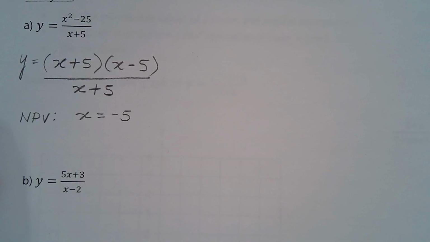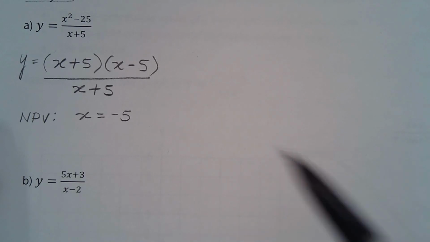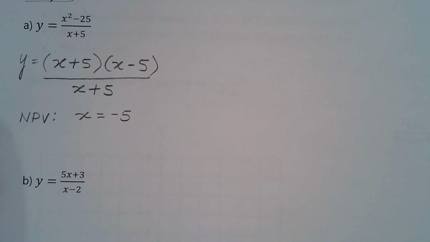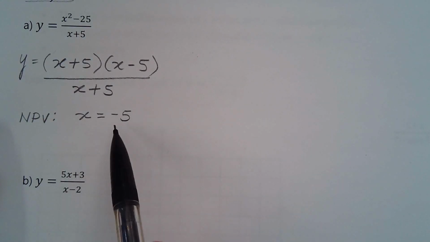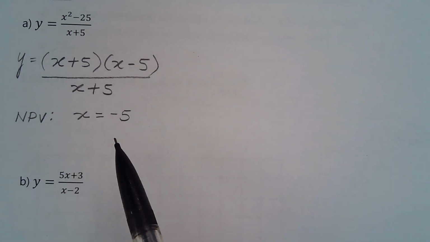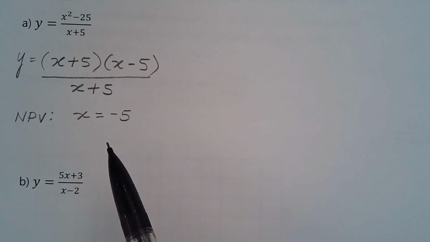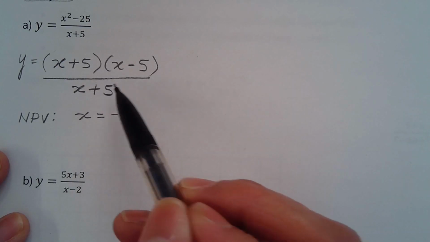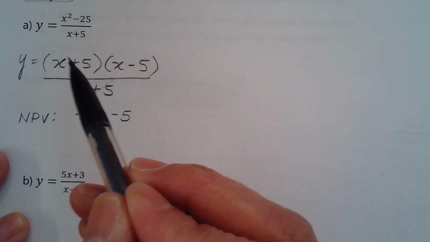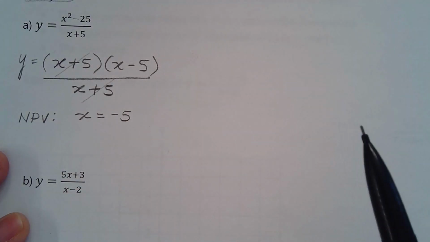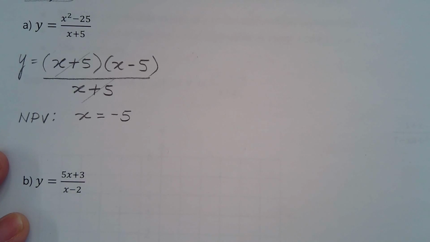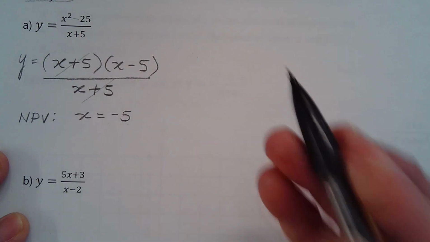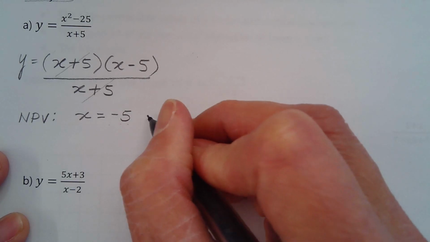Okay, good. Now, what about equations of any vertical and horizontal asymptote? The non-permissible value is the one that's going to give us either the hole or the vertical asymptote. Now, what about this one? These cancel. x plus 5 is a common factor. So that means x minus 5 is a hole.